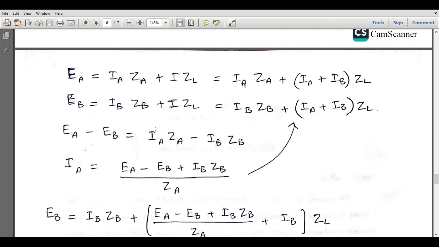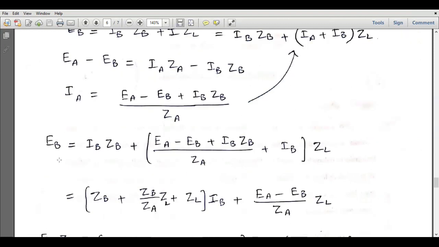And we will have IAZA minus IBZB, and IA can be written as EA minus EB. So we can rearrange this equation and it will become EA minus EB plus IBZB divided by ZA. So we will substitute this equation into this equation. So IA will be substituted in this equation and we will get EB.